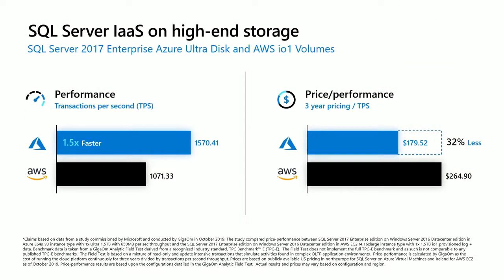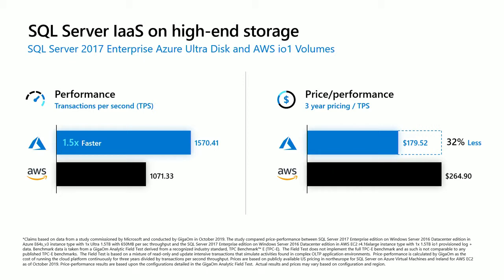Now, next up, there's a company called GigaOM who runs performance benchmarks. And what they did is they ran a performance benchmark for SQL Server on different cloud platforms. They looked at Azure and AWS. And what they really see is that Azure is the platform on which they actually saw the best performance for running SQL Server.